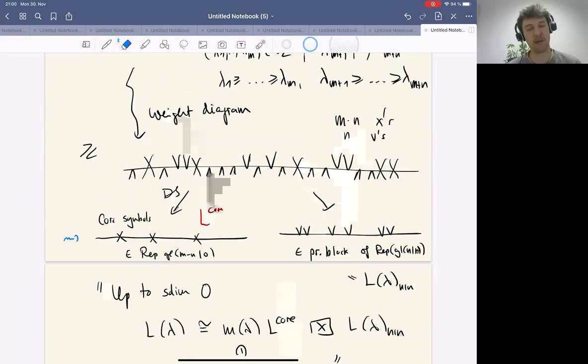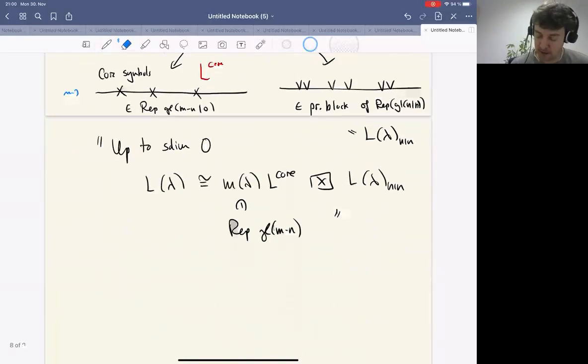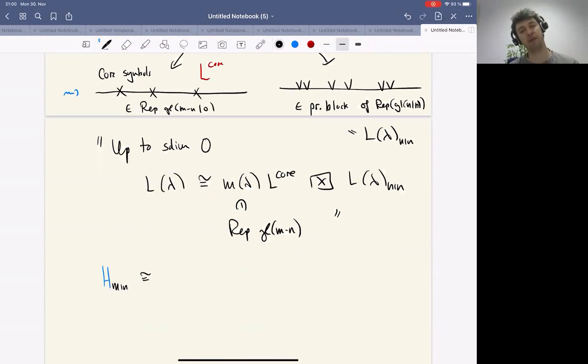So the superdimension M lambda times L core, you already have this mixing. This M lambda only depends on the equivalent weight for GLNN, and this L core only depends on the block type. But it's better than this, namely HMN. This was this group that was controlling my semisimplification.